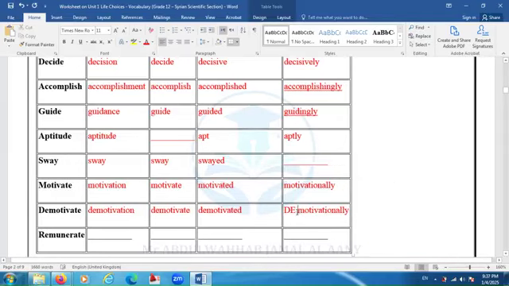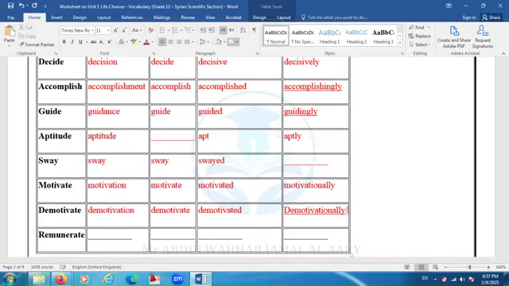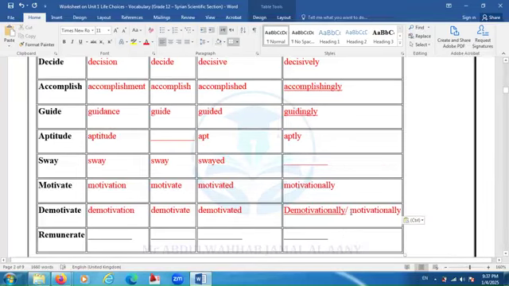He wrote it in German. Okay, now it's okay, no problem. Demotivationally, or demotivatingly, if you wish to say. Demotivatingly.